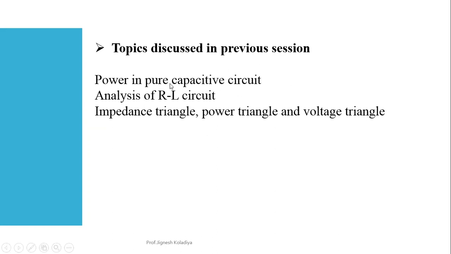If we talk about the analysis of RL circuit, there are certain important points. The phase angle between voltage and current is phi. The range of phi is between 0 to 90 degrees and depends on the value of resistor and inductor connected in the circuit. If inductor is more, phi is near 90, and if resistance is more, then phi is near 0.